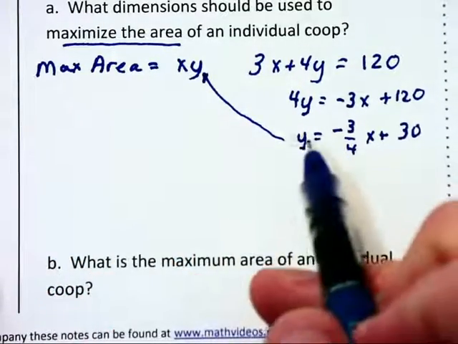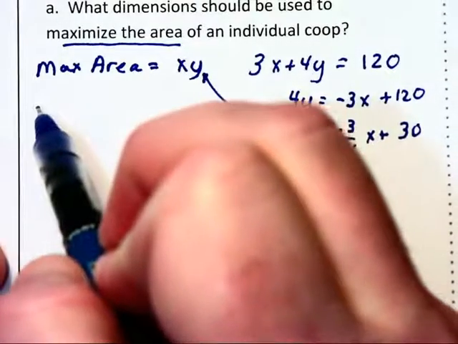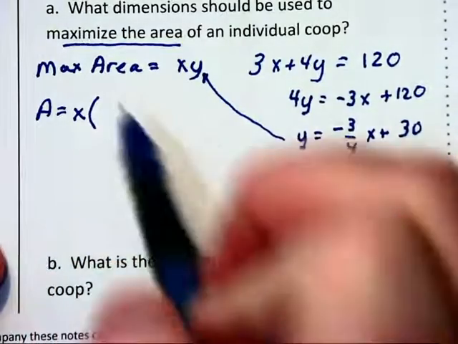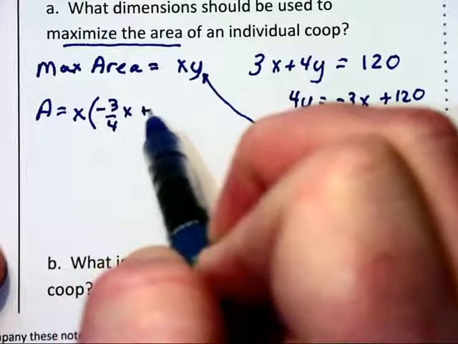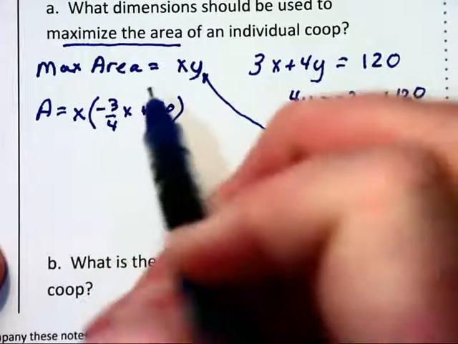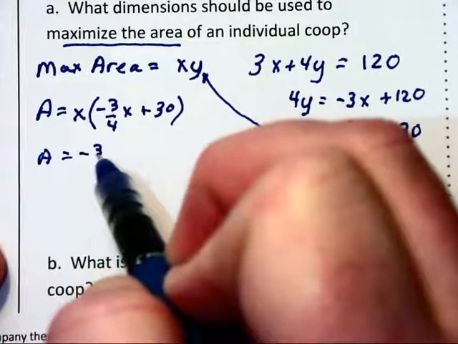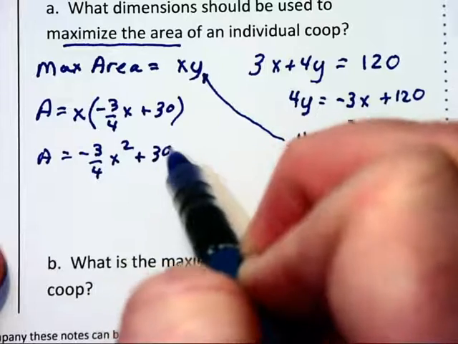So in this case, the y will get substituted into our area formula, and our area formula will now be x times, and instead of y, we will have our negative 3/4 x plus 30. I'm going to do some distribution here. Area will equal negative 3/4 x squared plus 30x.